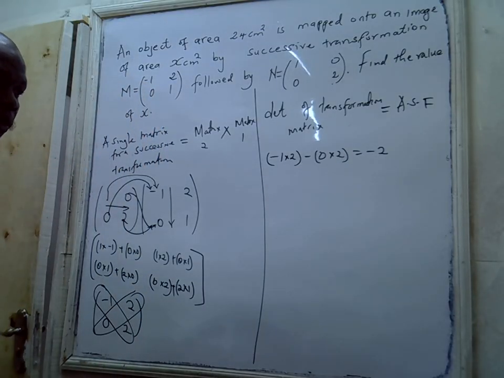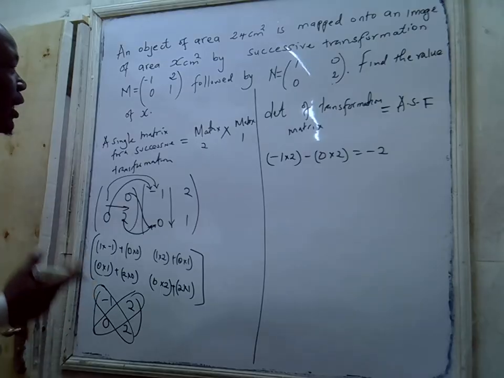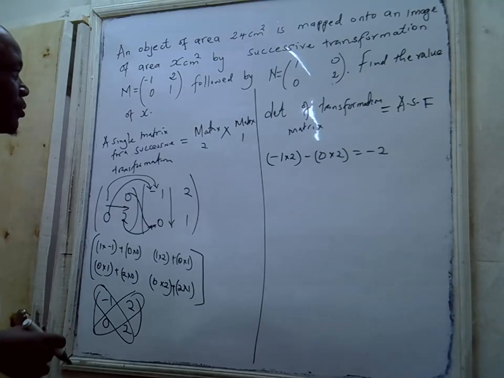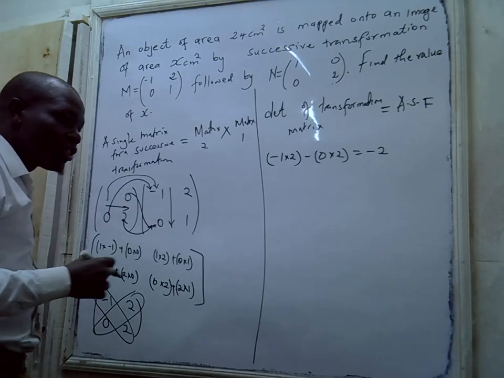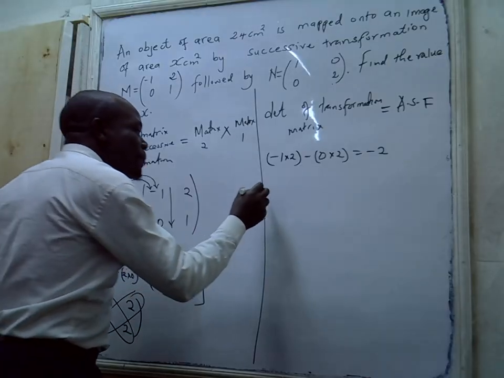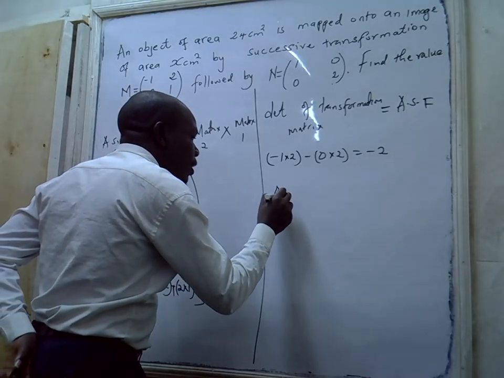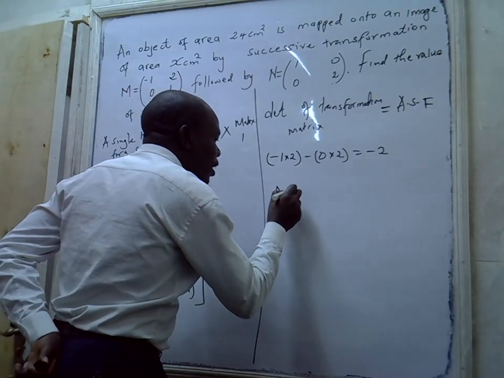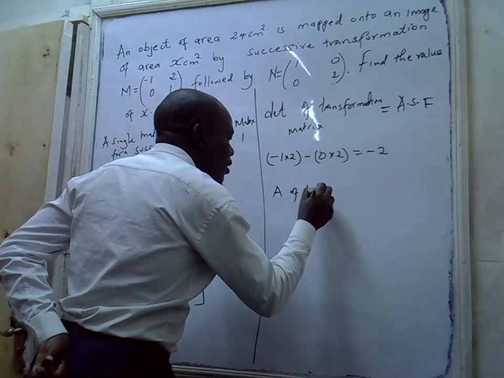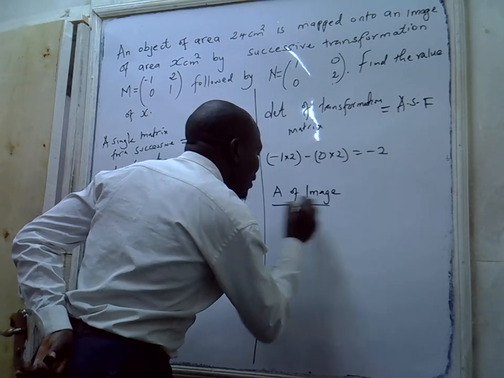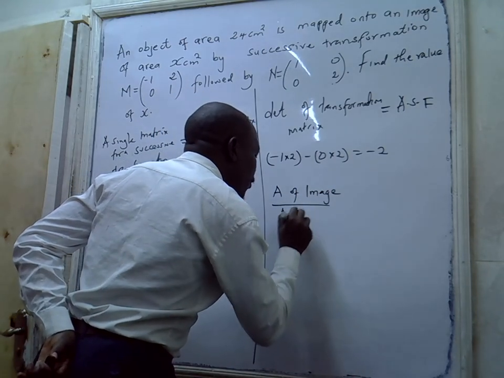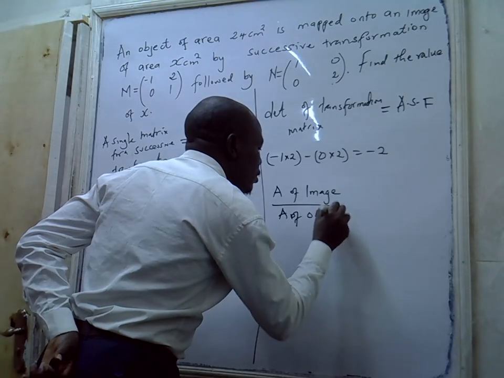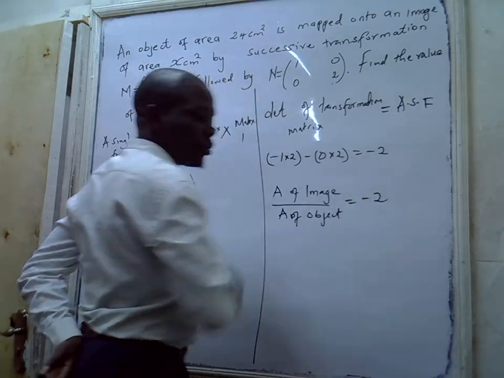Therefore, what is the area in this case? For this reason, we say that area of the image divided by area of the object is equal to negative 2.